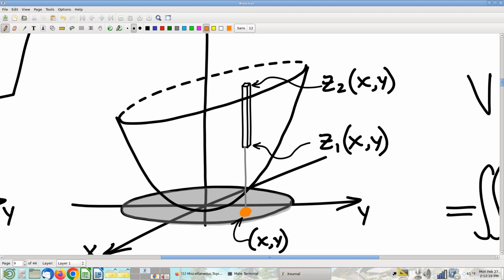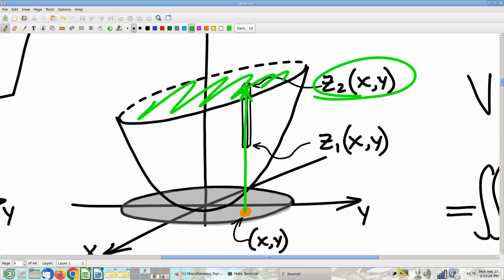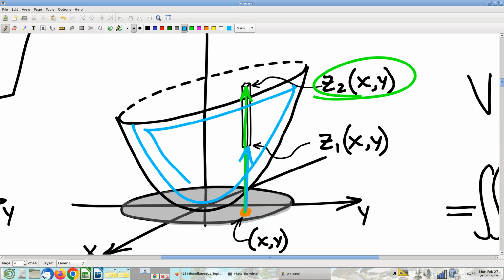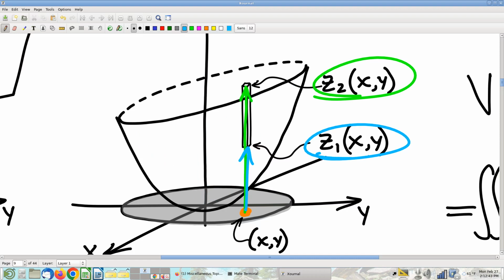Not this one, but at that point, I can look at the value of z that gets me up to this plane. That's my z2. And I can look at the value of z that gets me up to this surface, which is that value. These are different values. Of course they are.